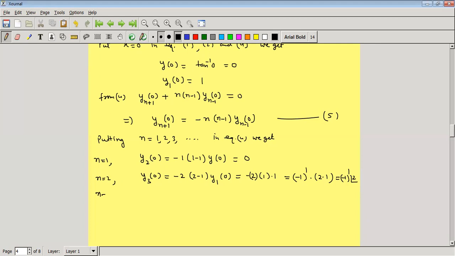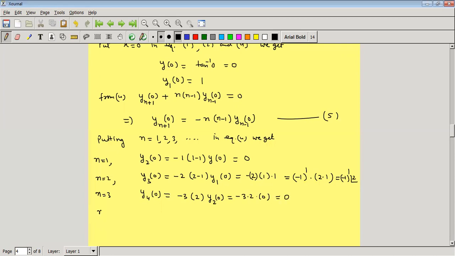Now come to n equal to 3. y4(0) is equal to, put n equal to 3, so minus 3 into 3 minus 1, which is 2, into y2 at 0. So this is minus 3 into 2 into y2(0). What is y2(0)? That is 0. So the whole term becomes 0.